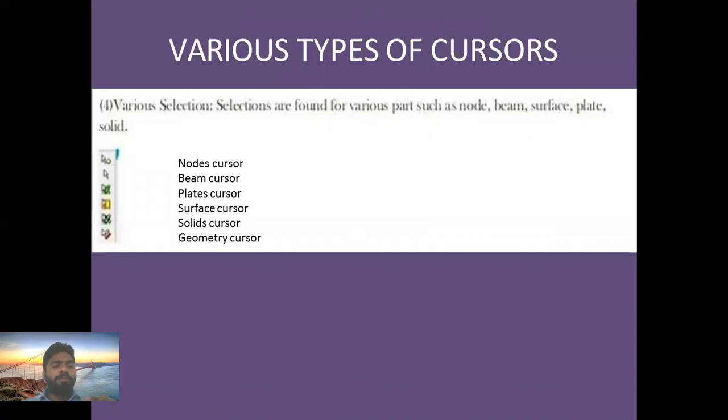Next, the beam cursor. What do I understand by the beam cursor? If you select the beam cursor and go to the main window, whatever you select will be a beam, which has two nodes at its corners.